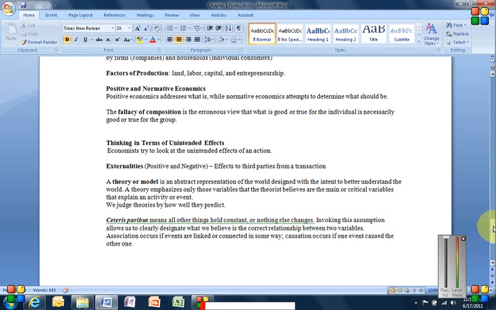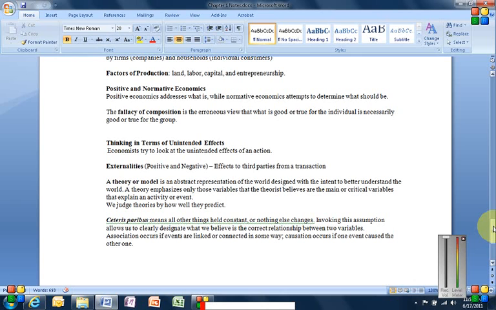A theory emphasizes only those variables that the theorists believe are the main or critical variables that explain an activity or an event. And so in that way, we have an oversimplification quite often when we look at these economic theorists that say, this is what we should do. Here's a normative economic statement I'm going to make to try to address unemployment, to try to address inflation right now.